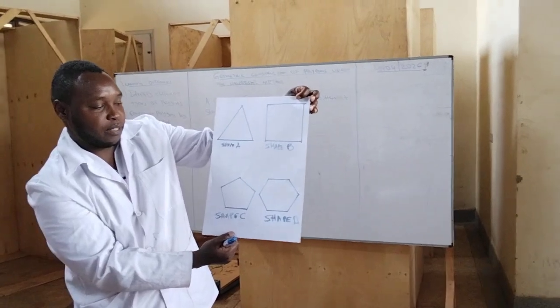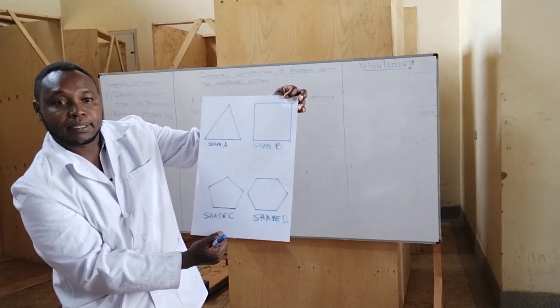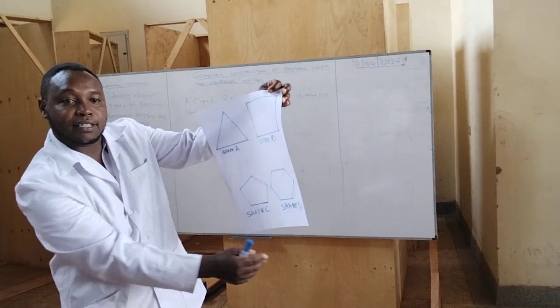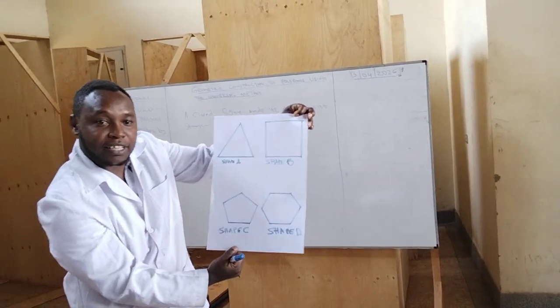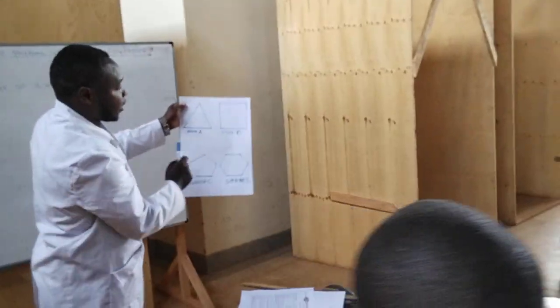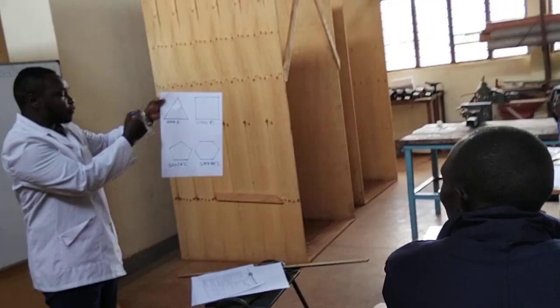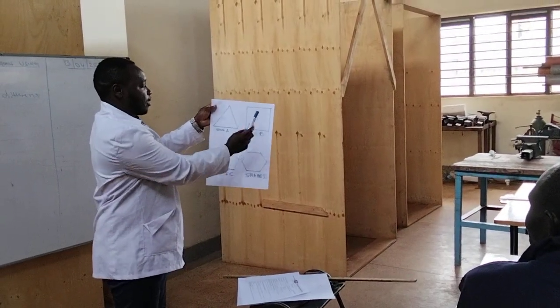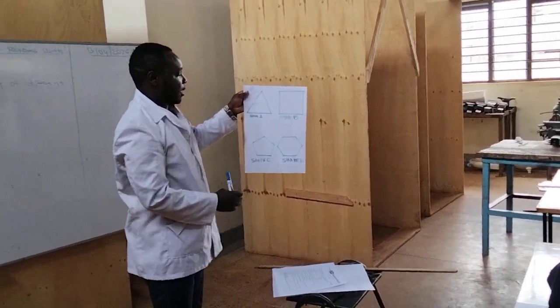And finally, we have shape D. Which is? Yes? A hexagon. Very good. So these four figures form polygons. This is a polygon, this one is a polygon, and all these are polygons.